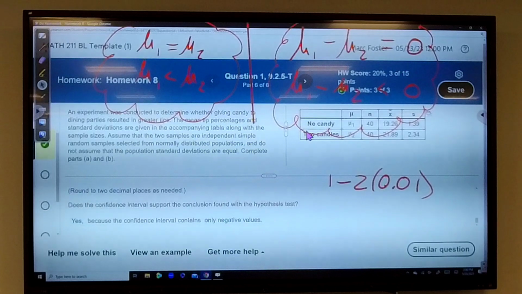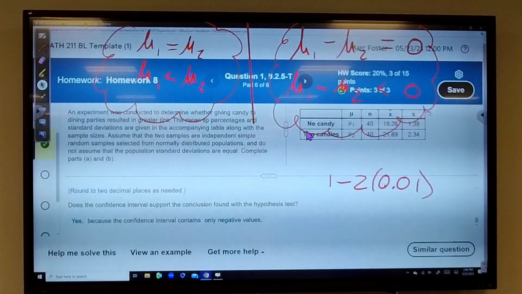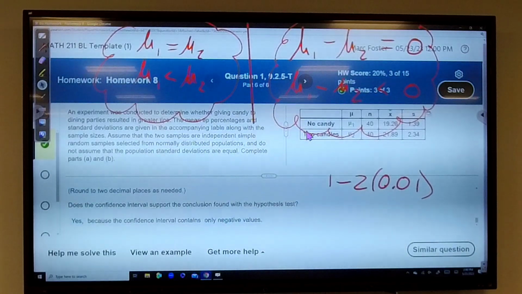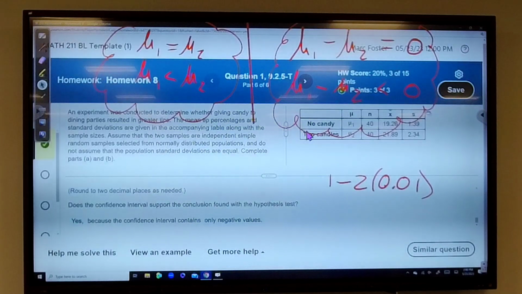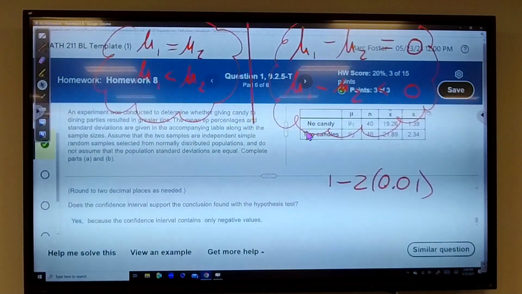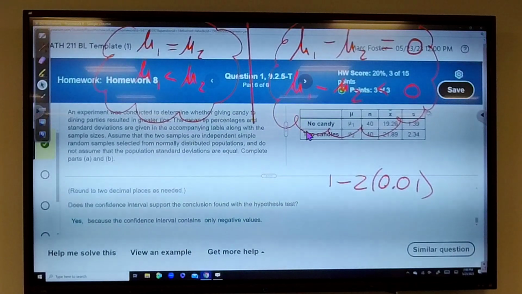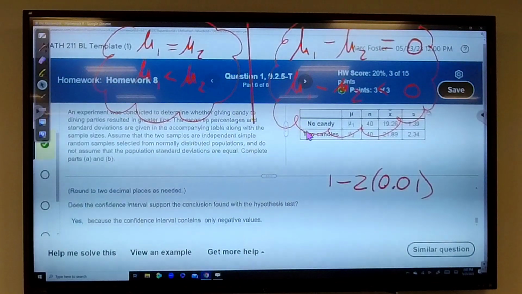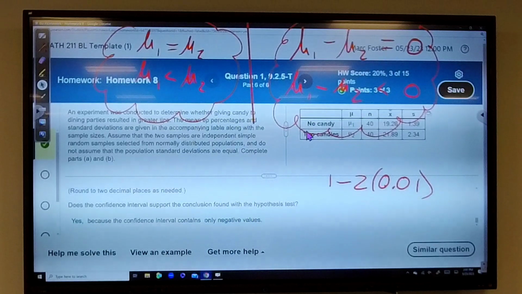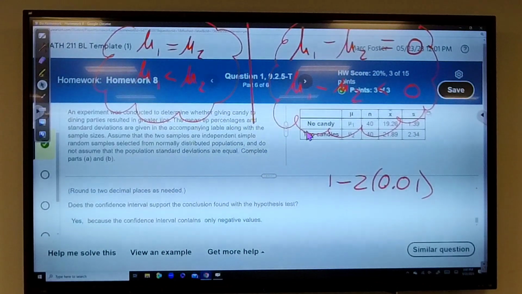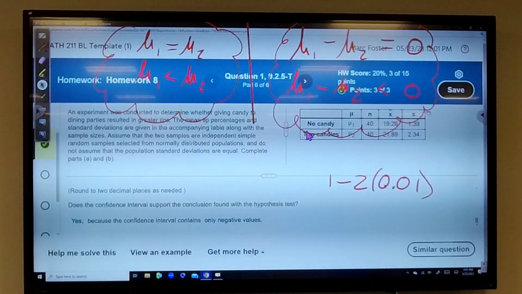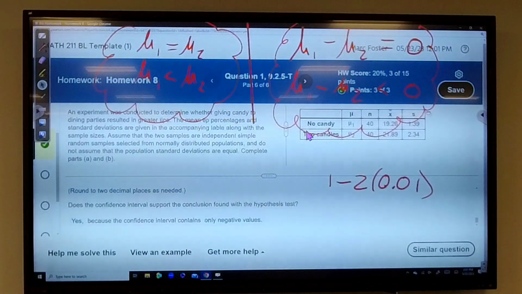Scroll up, I want to see the instructions in part A. Scroll down. This being a two-tailed test, you already have the two tails, so your confidence level is just 1 minus alpha. Yeah, I put this in there.